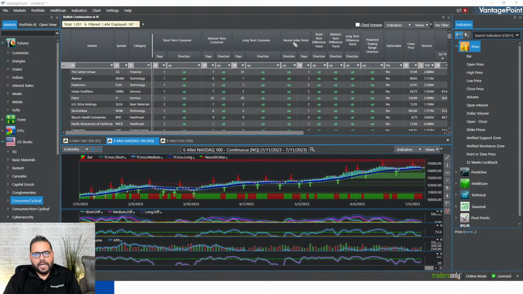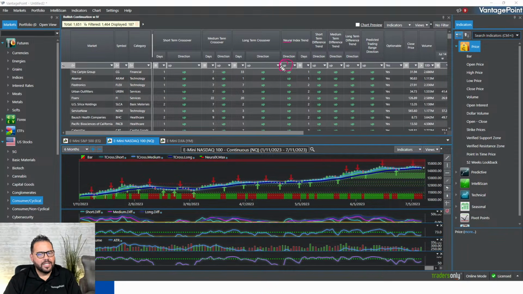I also talked about this little red or green box down here. That's the predicted neural index. And right here, I can actually filter using the artificial intelligence to tell me when the predicted neural index, and it's exactly what you think, neural like the brain, is bullish. It means that there is strength.